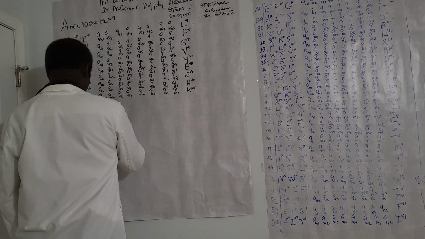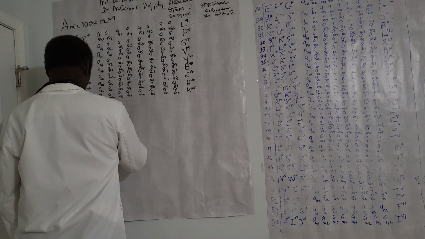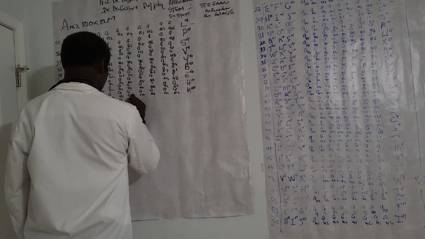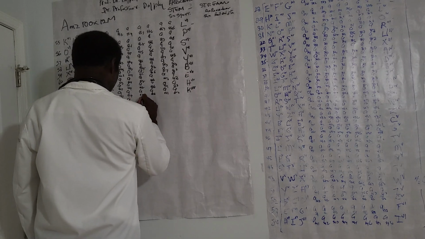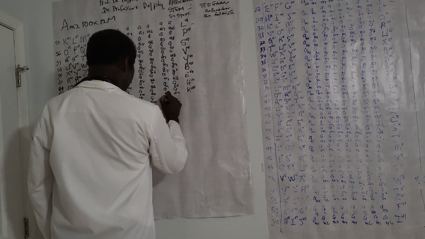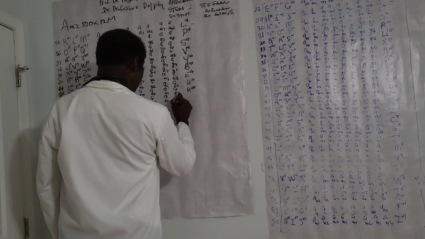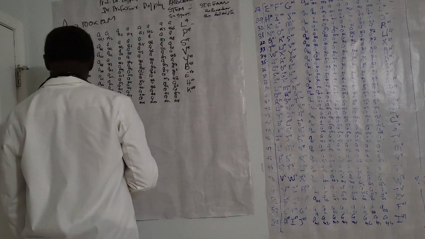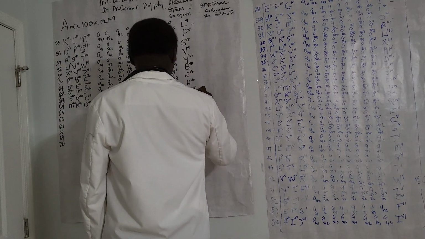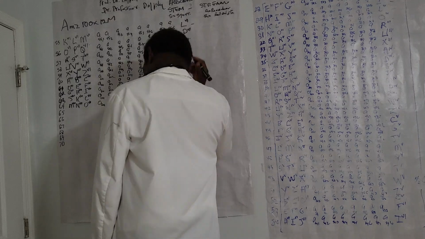We have now A64.1, A64.2, A64.3, A64.4, A64.5, A64.6, A64.7, A64.8, and V to I.